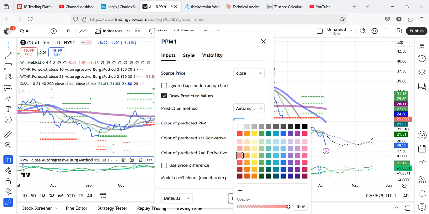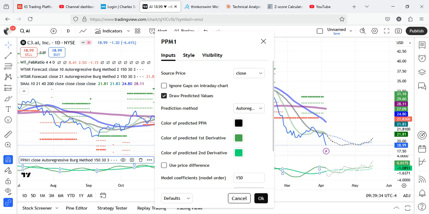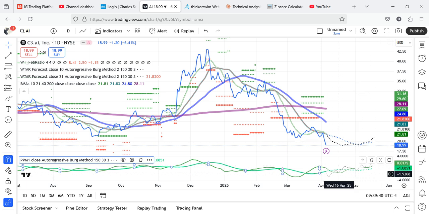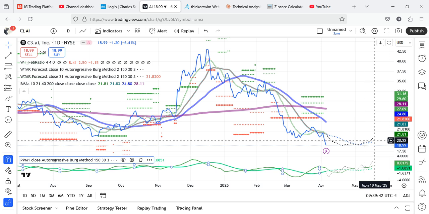Let's see now, something thicker, something darker. Yeah, a lot more dark. So it's just like the projection of the 10-day moving average. It's projecting acceleration to pick up.